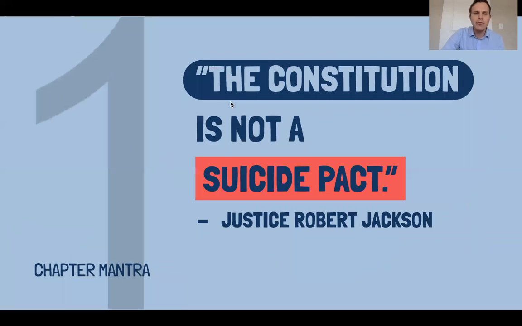And lastly, the chapter mantra. This time the chapter mantra is a quote. It's from one of our former Supreme Court justices, Robert Jackson, who was a justice about the mid-20th century. In ruling on a particularly difficult freedom of speech case, actually he dissented with the majority, he said this quote, "The Constitution is not a suicide pact." What does that mean? Well, this is a really complex quote, and it's led to many complex arguments.